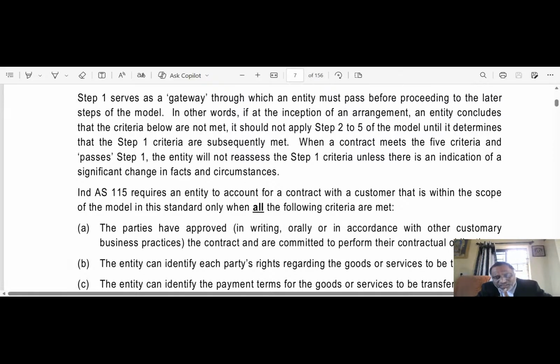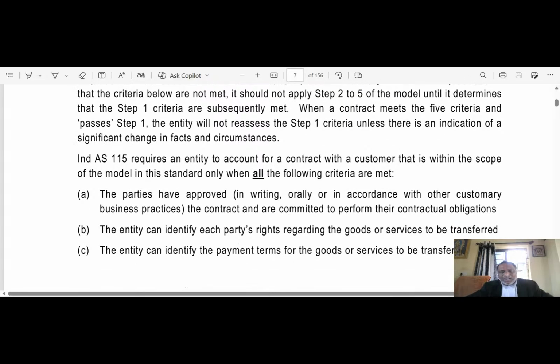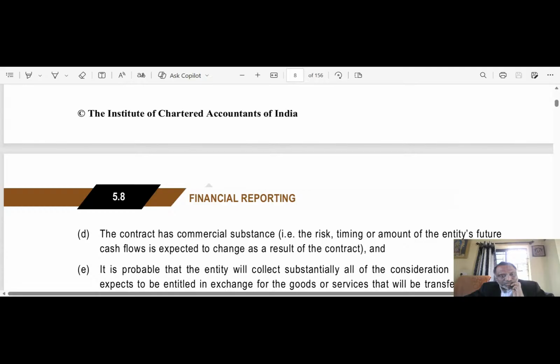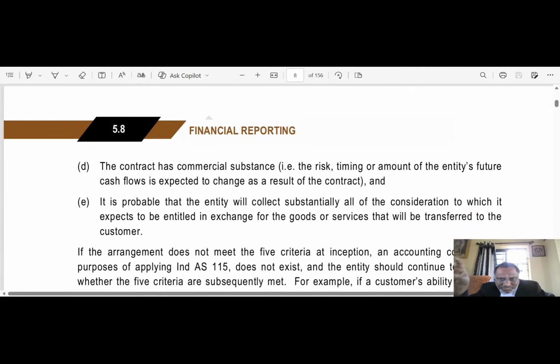The parties are committed to perform their contractual obligations. The entity can identify each party's rights regarding the goods or services to be transferred. The entity can identify the payment terms for the goods or services to be transferred. The contract has commercial substance.